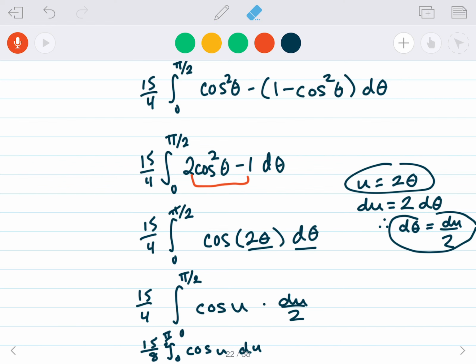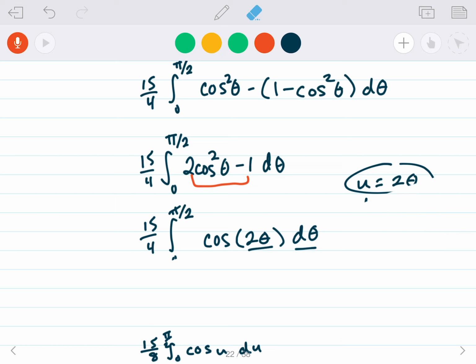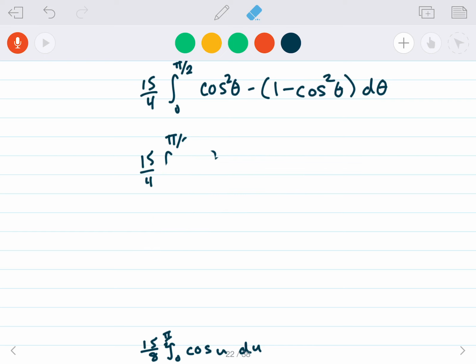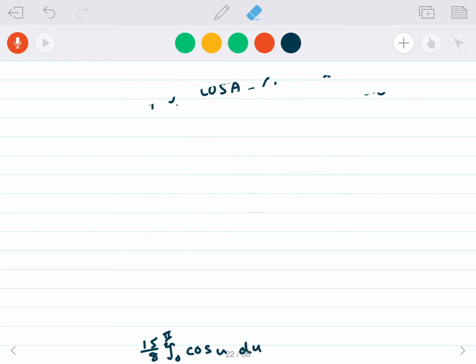And now I'm going to have to erase some stuff because I can't go down any further. Let's go ahead and erase some of this stuff. All right, so let me write it up here.